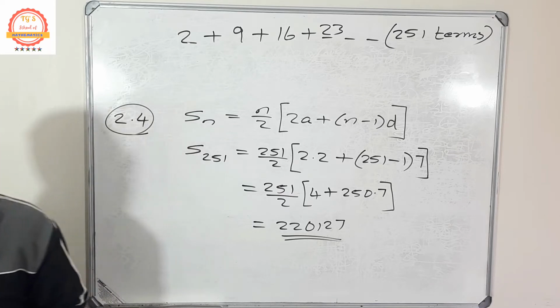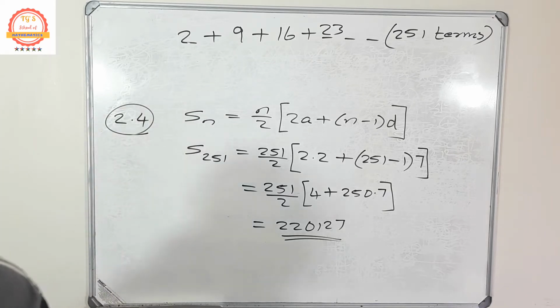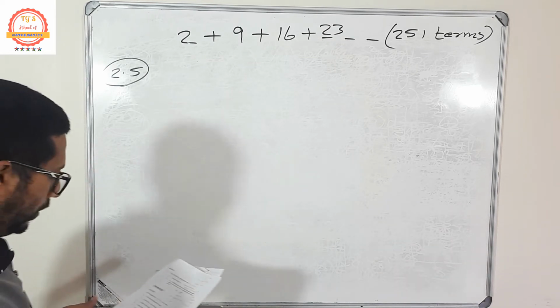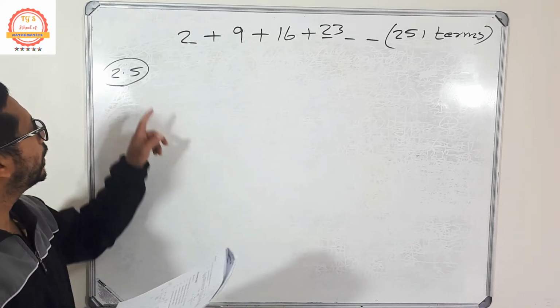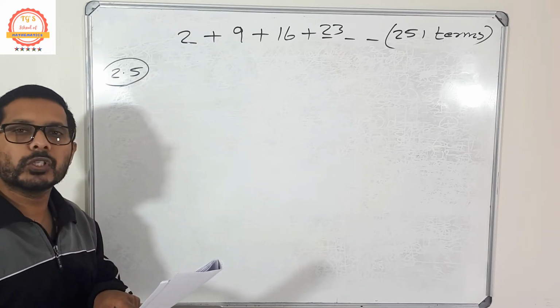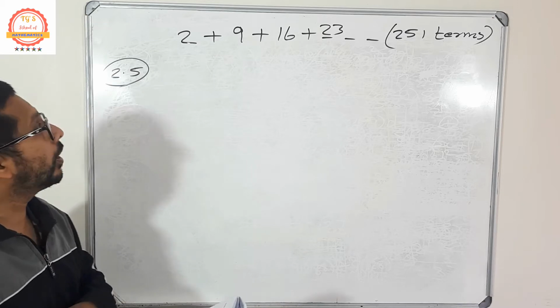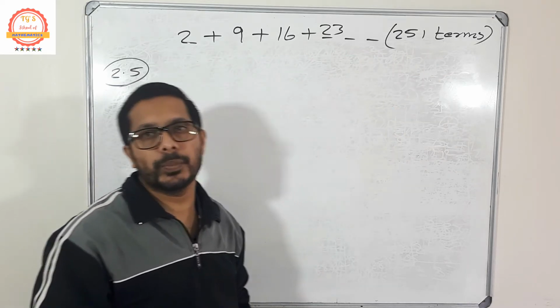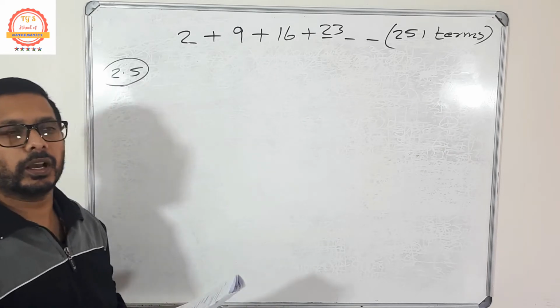Now let's go to question number 2.5. What is the question? How many terms in this series are divisible by 4? You have to find how many terms in this series are divisible by 4. How can you find that?